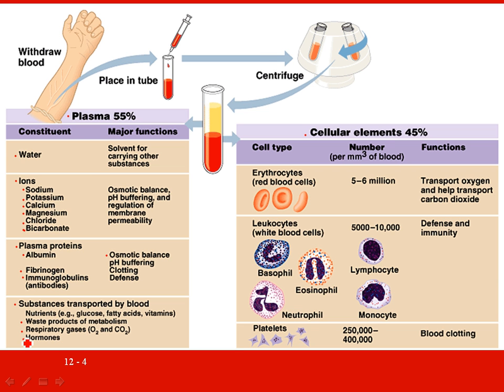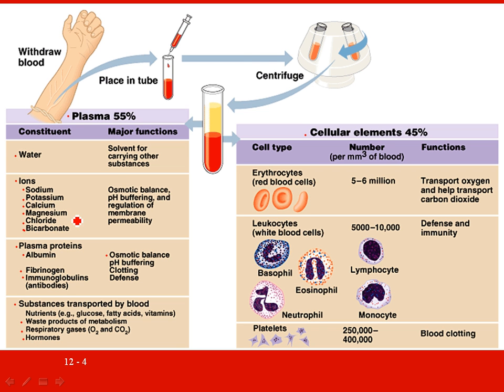And then lastly, we have hormones. And hormones are going to be, as we saw from the endocrine system right before the last exam, the chemical messengers that communicate from an endocrine gland to its target organ. So really a lot of different functions, we would say, are associated with the plasma because it has all these things inside of it.